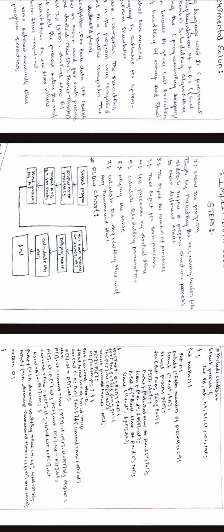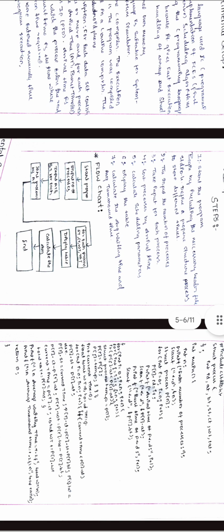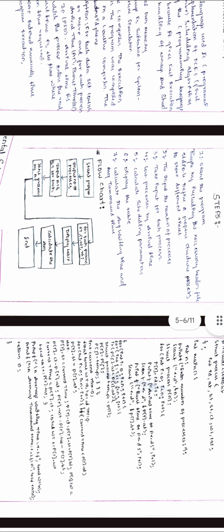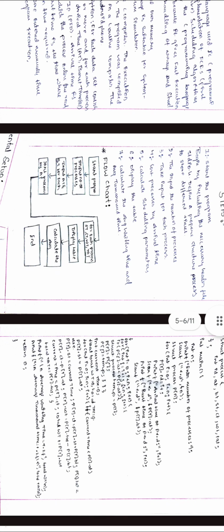We have to take the input for each process. Then we have to sort the processes by arrival time, in ascending order of arrival time. Then we calculate the scheduling parameters, display the table, and then calculate the average waiting time and the average turnaround time of the table.